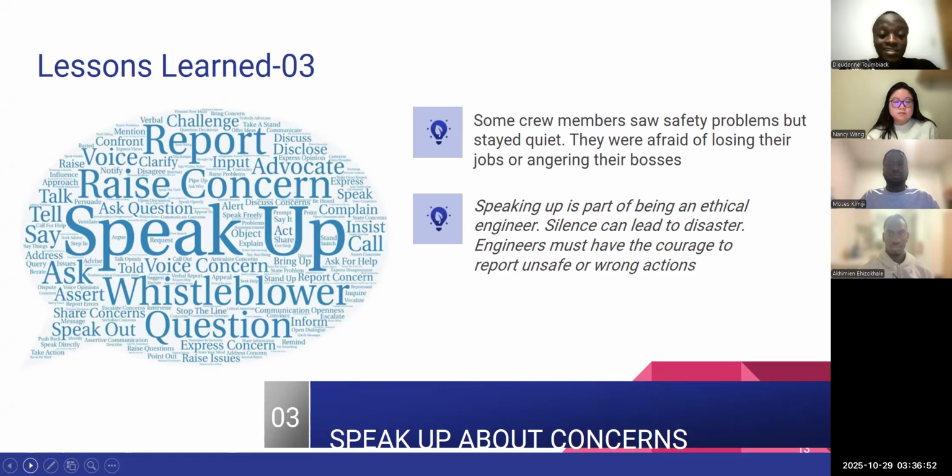If they had spoken up and reported the concerns that they found, it would probably have avoided the disaster. So speaking up is part of being an ethical engineer, and silence can lead to a disaster. There are many frameworks for speaking up and whistleblowing, and most organizations nowadays have frameworks for internal reporting and external reporting to report any safety concerns identified in the organization.